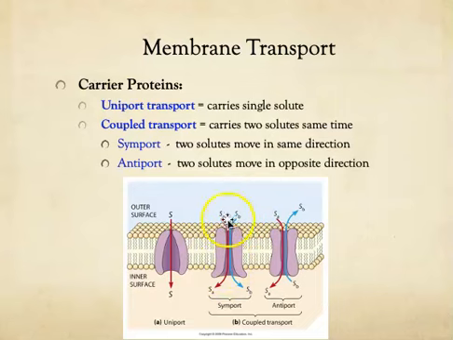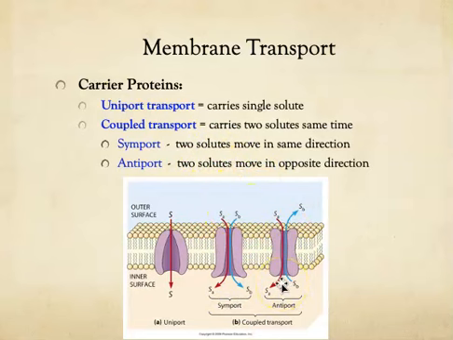This carrier will only function when there is a concentration gradient in place, and it has to involve more S red and S blue on the outside compared to the inside, because that's the only direction this carrier can work in. So it's going to carry red and blue particles across the membrane from the outside to the inside when too much of those particles builds up out here.